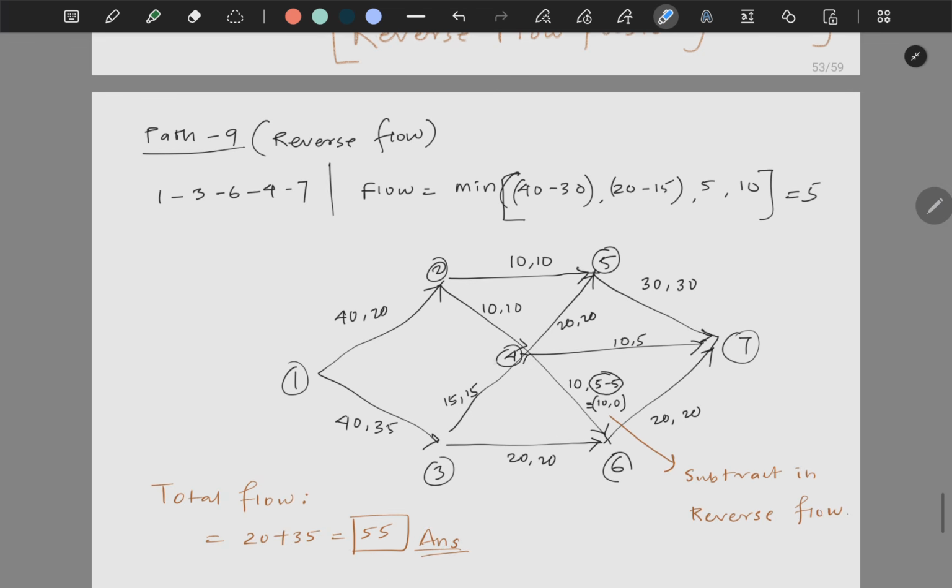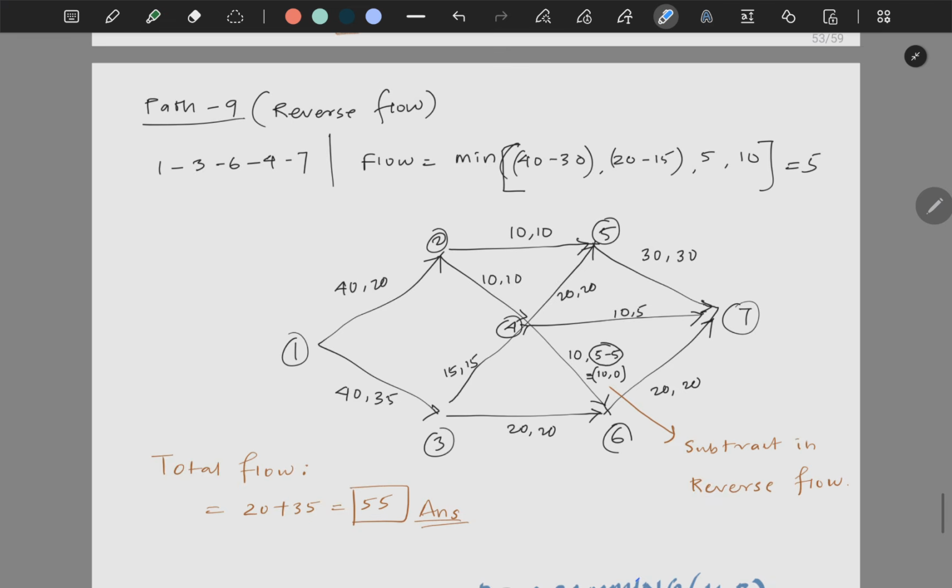So now we see that this is exhausted, this is exhausted, this is exhausted, this is exhausted. So although there is some quota available here, 20 liters of quota is available here and 5 liters of quota is available here, because the middle rows are already saturated, no more liquid can flow from this side to this side. So then we can see that okay, this is the end of it, no further paths are possible.